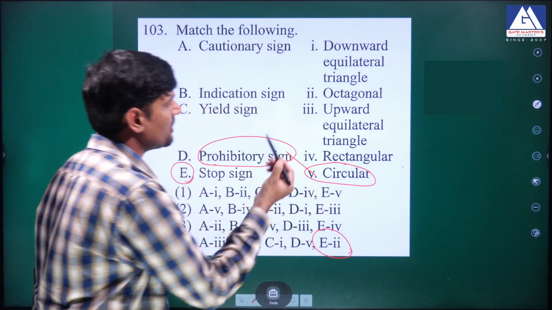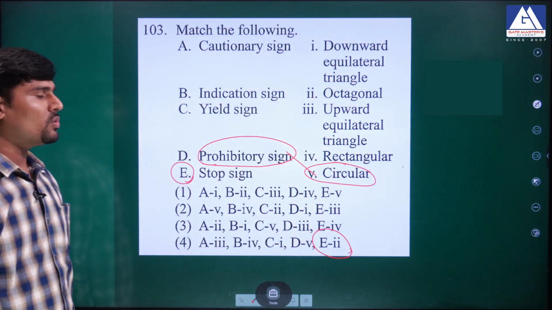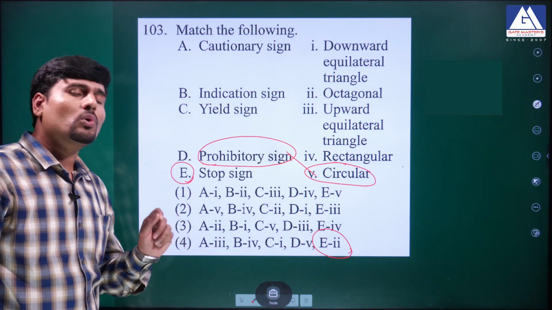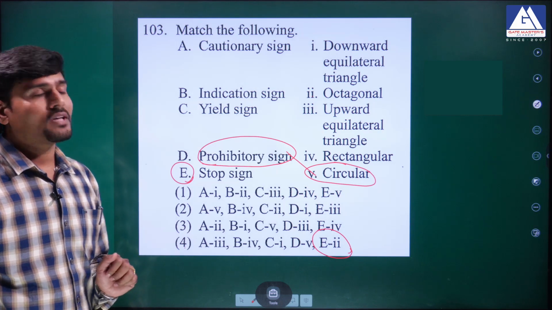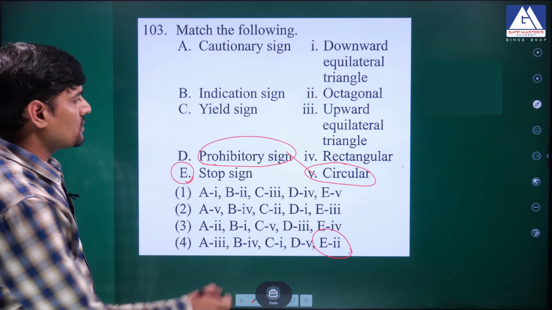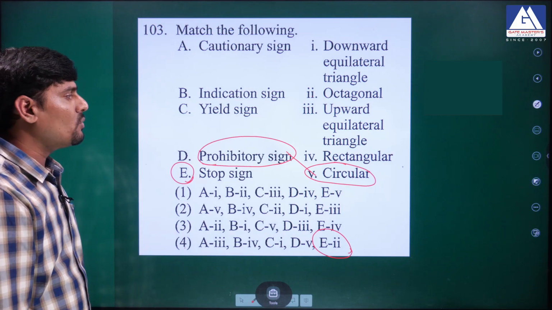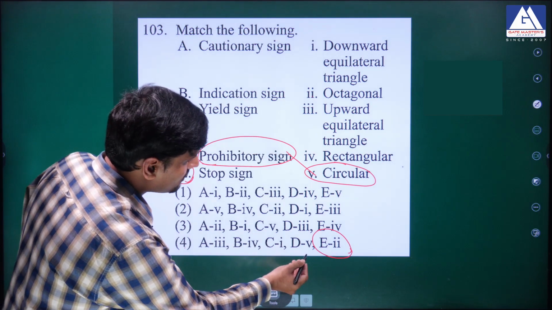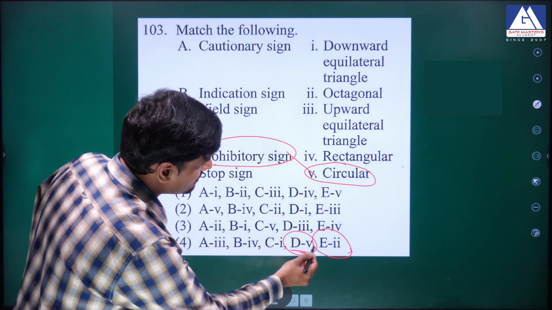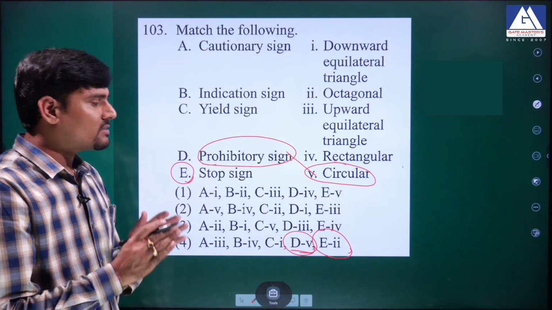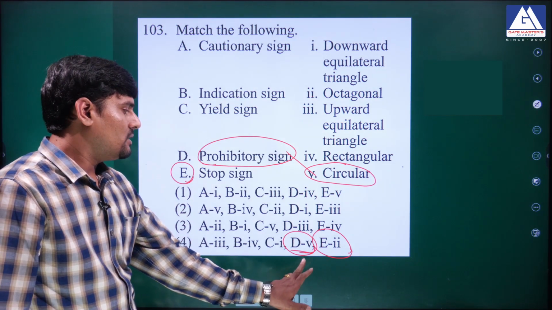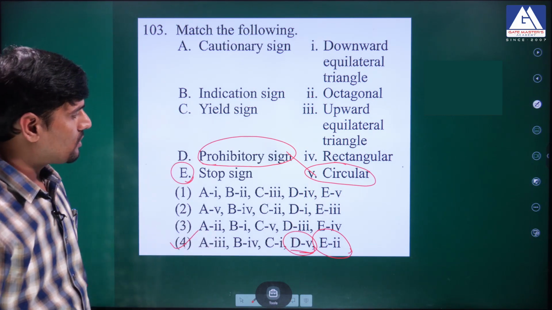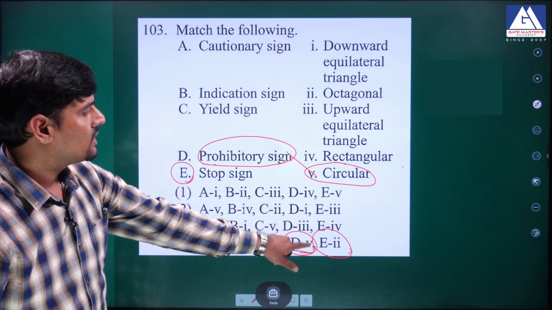So there is a relationship between prohibitory signboards and circular shape. So here the circular signboards are the prohibitory signboards. So option D is also having 5. So there is a clear answer with option D and option E. So this becomes option 4. And no other options have these answers.